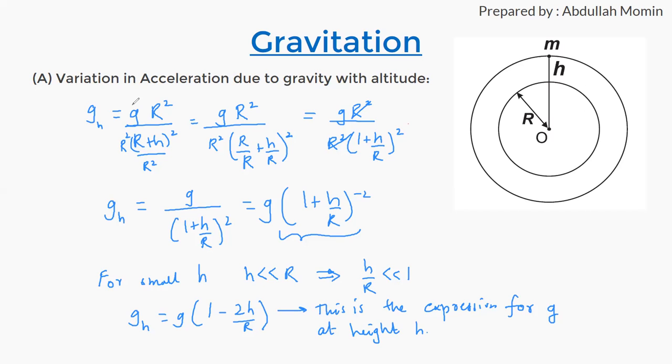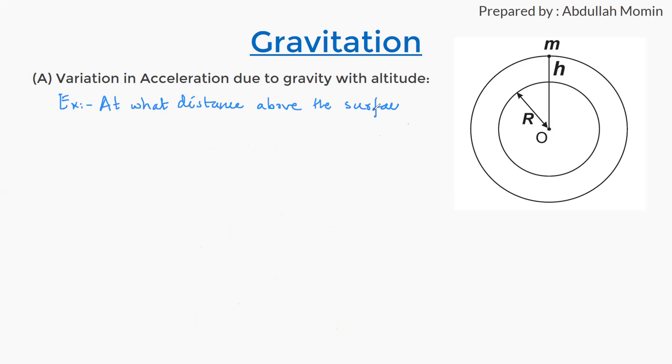The question is, at what distance above the surface of earth does the acceleration due to gravity decrease by 10% of its value at the surface, and the radius of earth is given as 6400 kilometer.